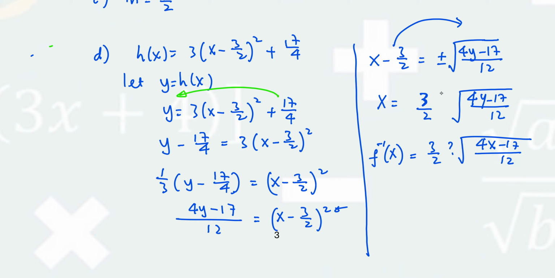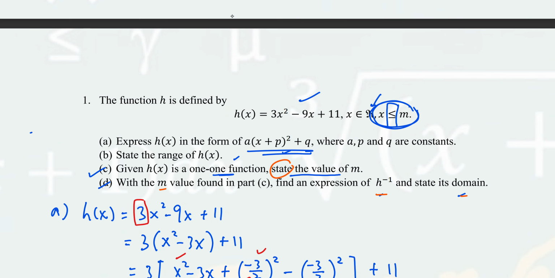How do we know this is plus or minus sign? Now, for your information, this whole expression will be giving you the h inverse. That means the y value of the h inverse. So we know that range of h inverse equals to domain of h. Go back to your function. So your h is this, and this is your domain.